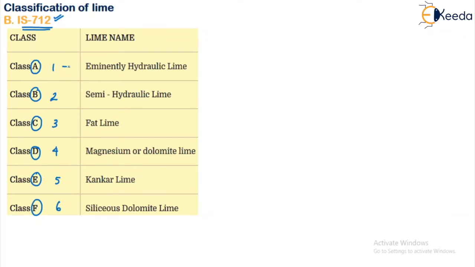The first one is called your eminently hydraulic lime. So this is generally used for making the mortar and concrete for construction and the foundation work.